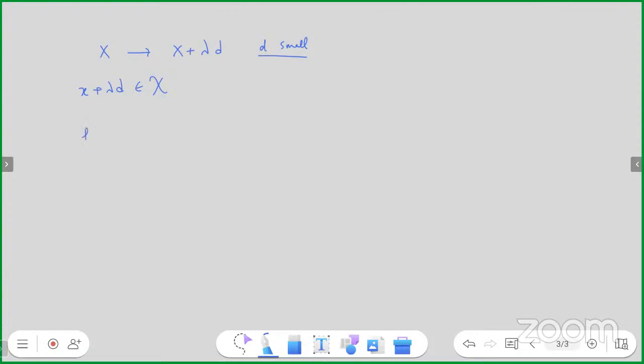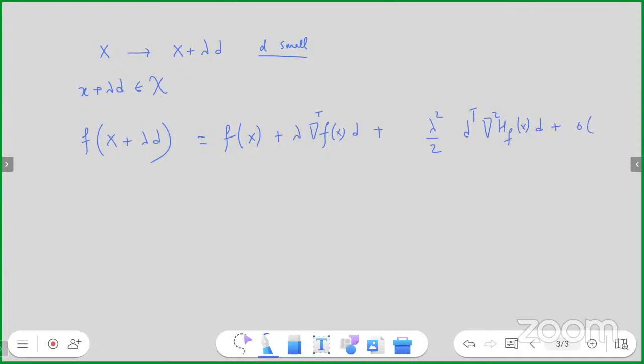So now I write a Taylor series around x: f of x plus lambda d equals f of x plus, and lambda, remember the scale, plus little o of lambda squared.